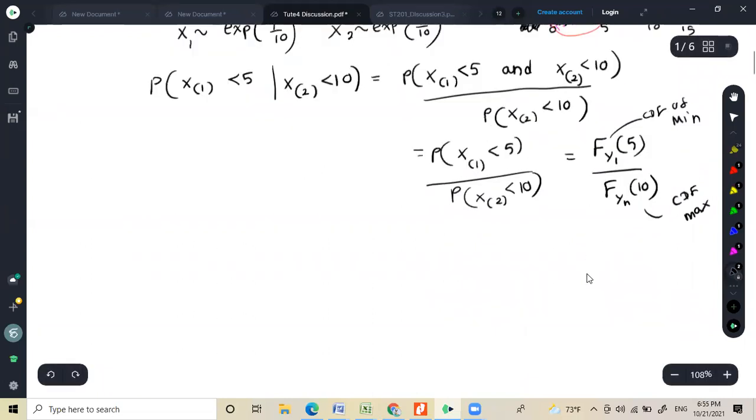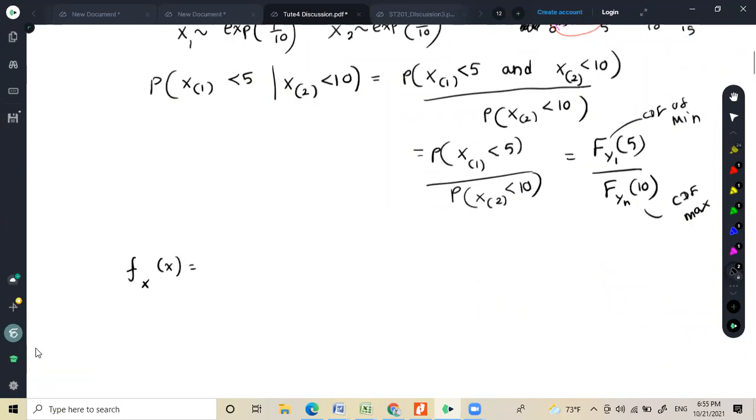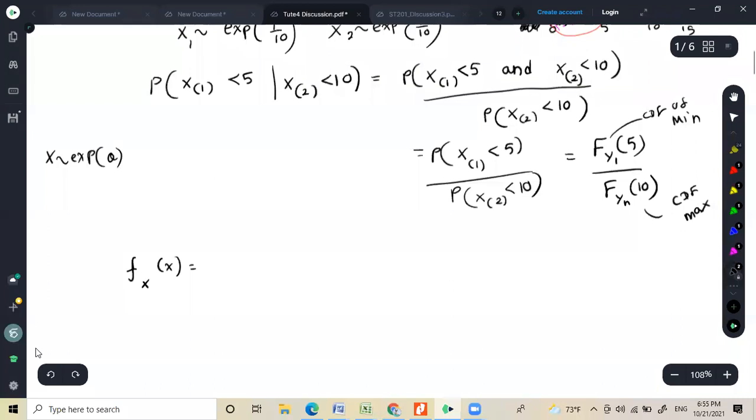Now what do we need? First we need the PDF, right? The PDF of X, when X is exponential with parameter, let's say theta, what is the distribution? How do you write the distribution?